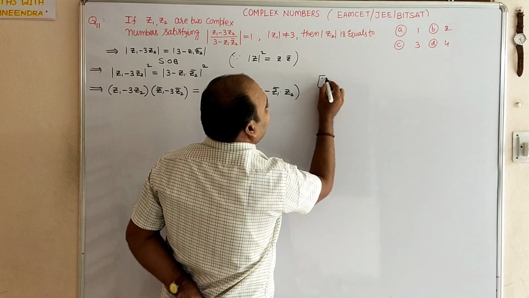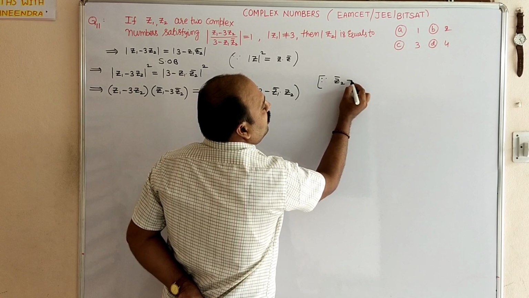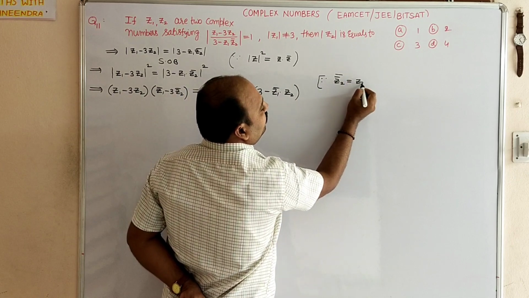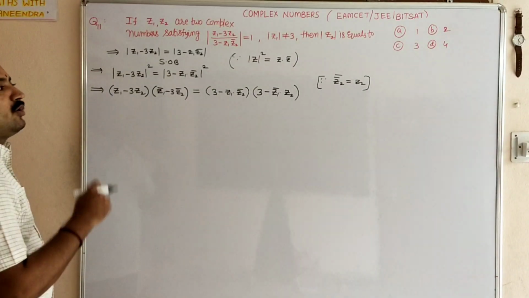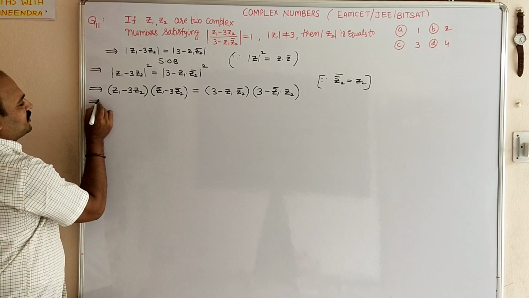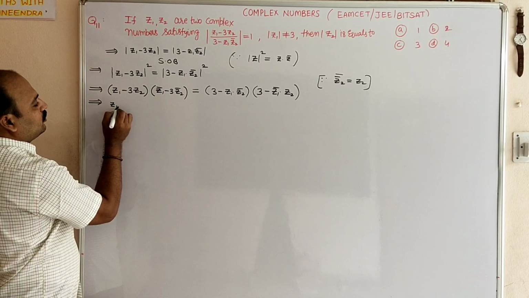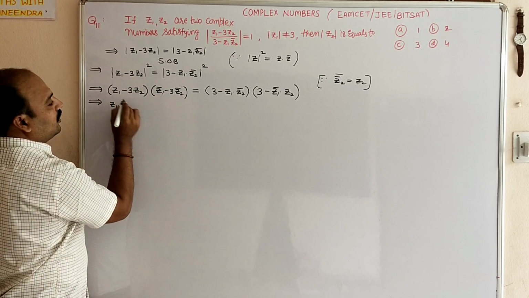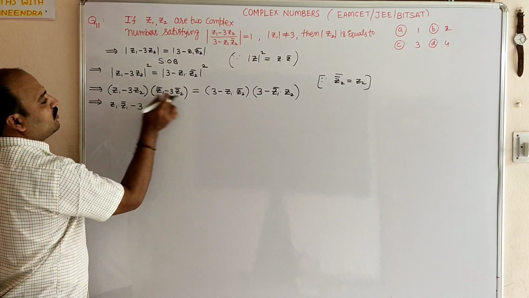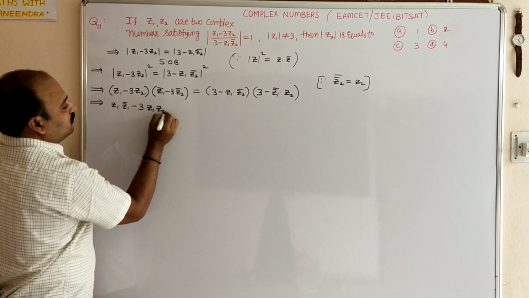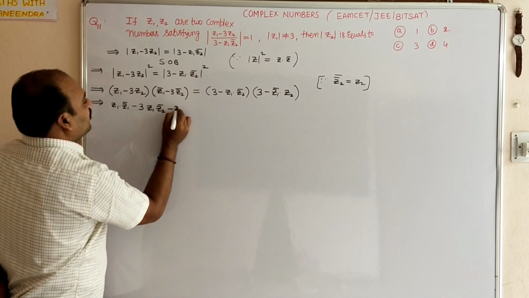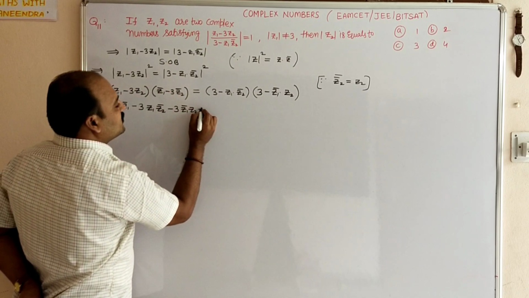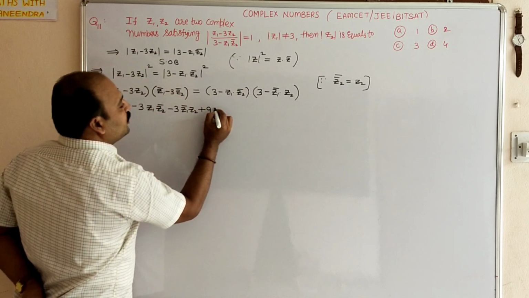Why? Because the conjugate of a complex conjugate is the complex number itself. Taking the conjugate two times gives Z2. Now the actual multiplication: Z1 into Z1 bar, minus 3 into Z1 Z2 bar, next minus 3 into Z1 bar into Z2, minus into minus plus, 3 3s are 9, Z2 into Z2 bar.